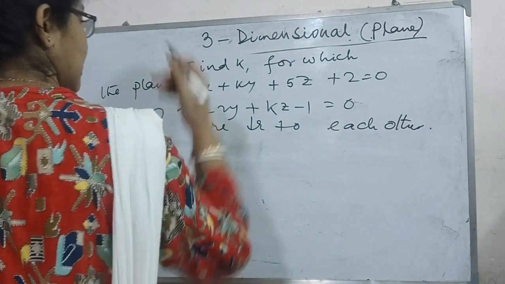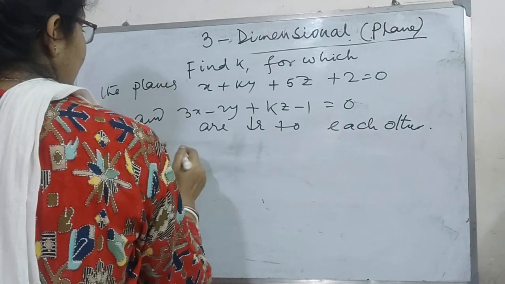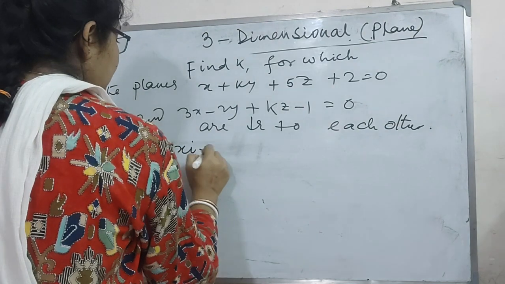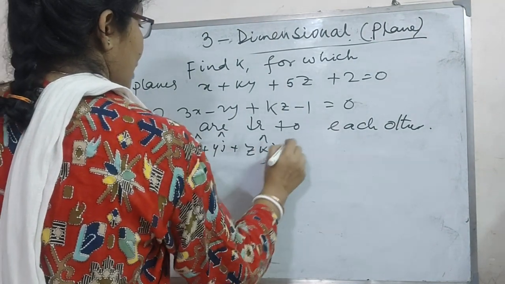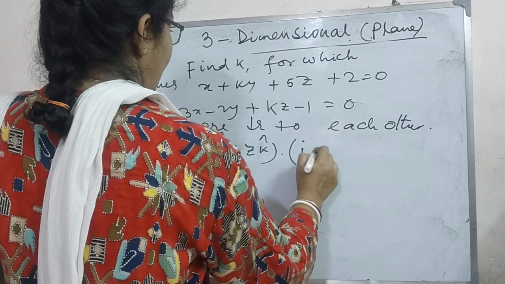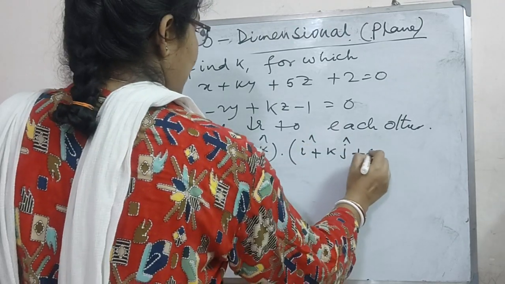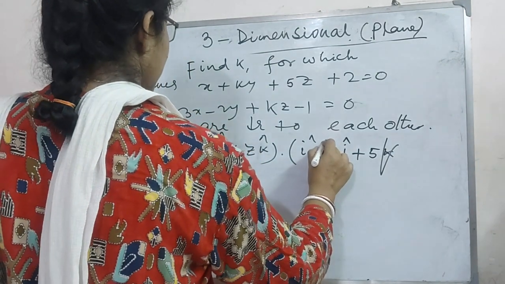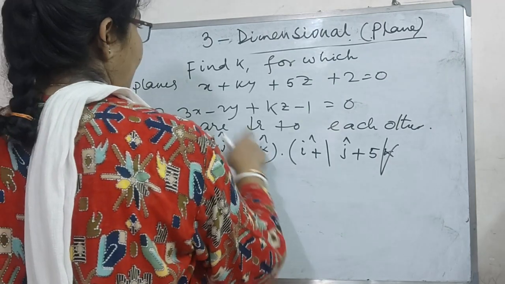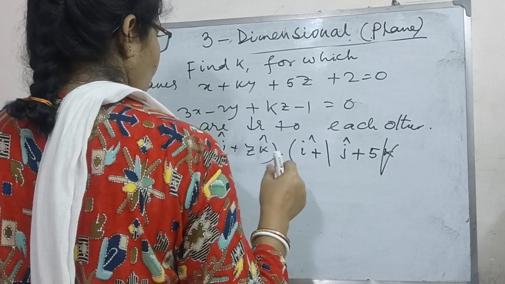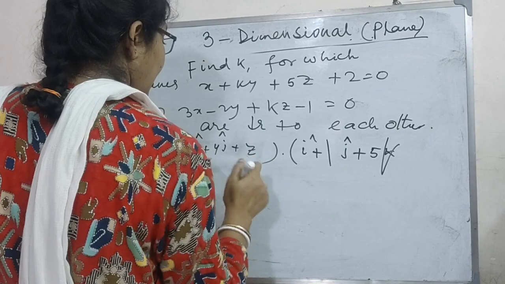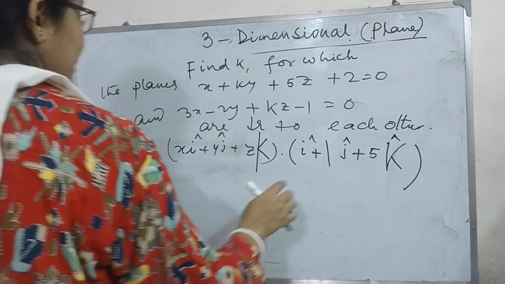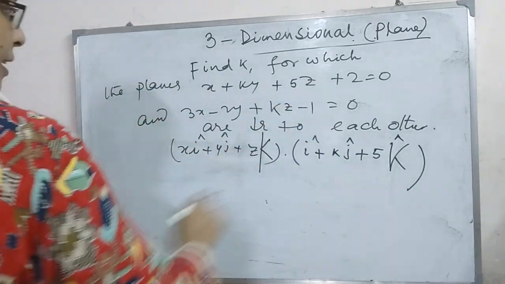From here I can write n1. If I write the first equation in this way, xi + yj + zk dot i + kj + 5k, where capital K is the axis and small k is the unknown given in the question.